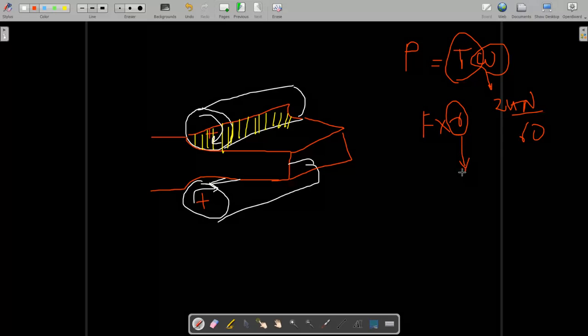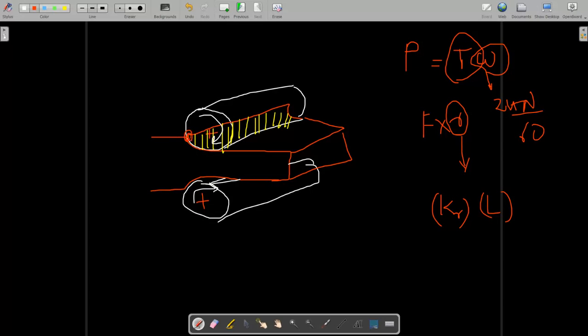But in this case, the effective radius will be the rolling constant Kr into the length of contact. What is the length of contact? From the entry at the beginning point, to where the sheet exits the roller, the projected length is called the length of contact. This green portion is called the length of contact.